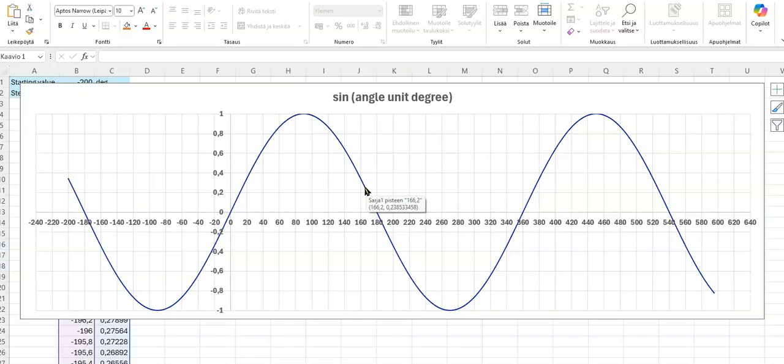And when we have this period of 360 degrees, then both these points here are those first points, and every time we add 360 degrees or subtract 360 degrees from those values, we are at the same height.